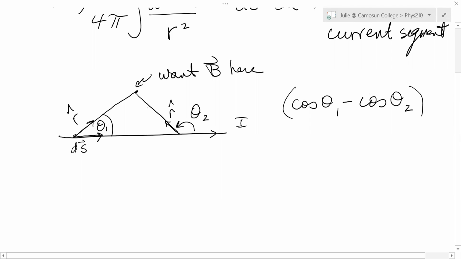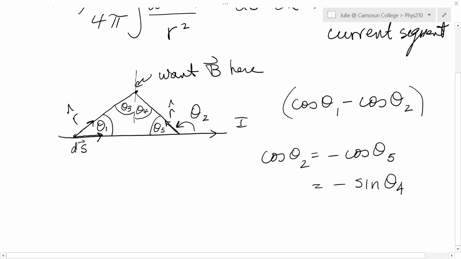I'm going to define a few more angles here. Let's call this one up here theta 3, this one up here theta 4, and this one down here theta 5. Okay, so the first thing to note is that the cos of theta 2 is the negative of the cos of theta 5. Those two angles add to 180. And the cos of theta 5 is the same as the sine of theta 4, because there's a 90-degree triangle.